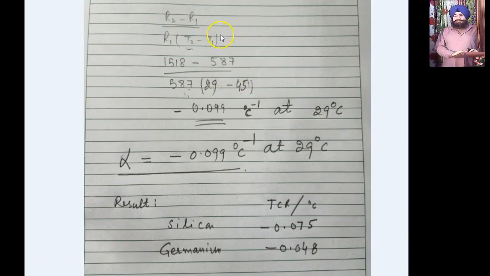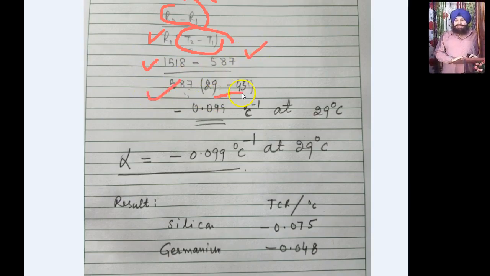Here the temperature coefficient is defined as the change in resistance, R2 minus R1, per unit resistance, meaning divided by R1, per unit increase in temperature, meaning divided by T2 minus T1. You have all the values: R2, R1 and the change in temperature.